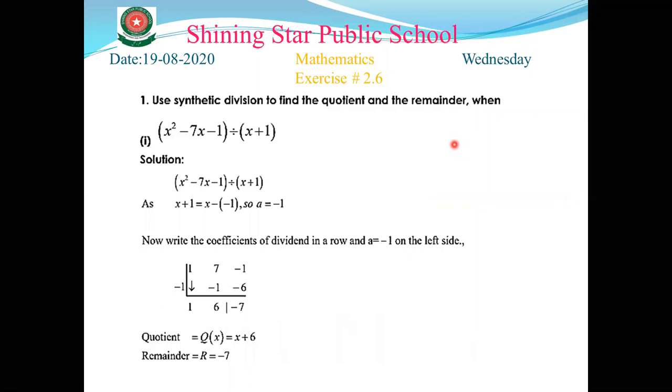The linear equation is one in which we have simple degree 1, like x plus 1. Second is quadratic equation, x square plus 5x plus 6, in which we have the highest power 2, that is called the quadratic equation. So we solve the quadratic equation in our 9th class and 8th class.